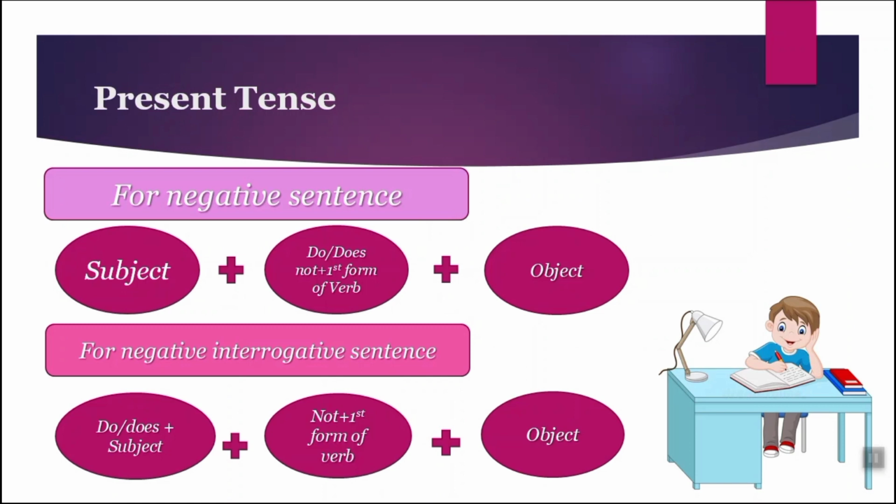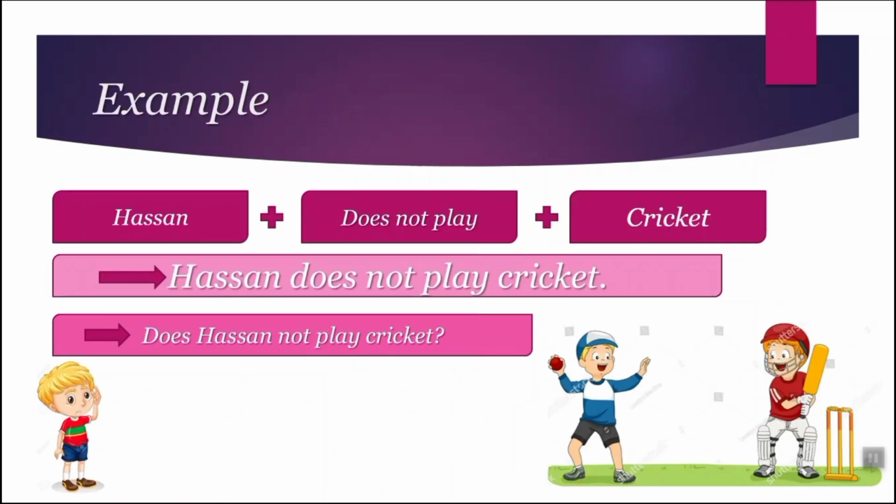The structure for a present indefinite negative interrogative sentence is auxiliary verb, do or does, plus subject plus not plus main verb plus object plus question mark. Here is an example of a negative sentence: Hassan does not play cricket. To convert it into a negative interrogative sentence, we need to change the word order and add the auxiliary verb, does, at the beginning.